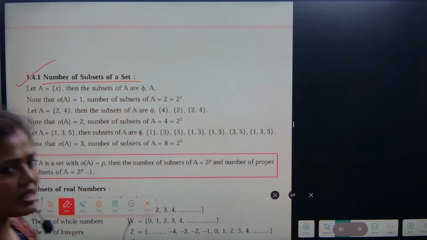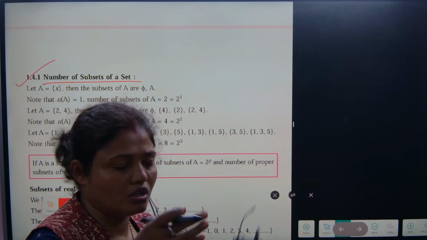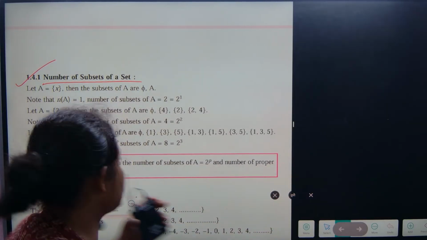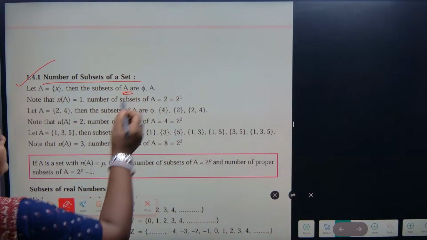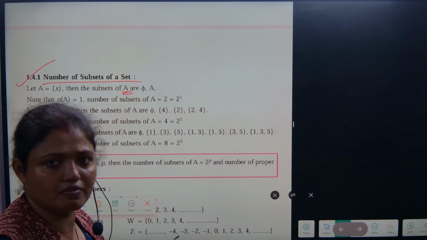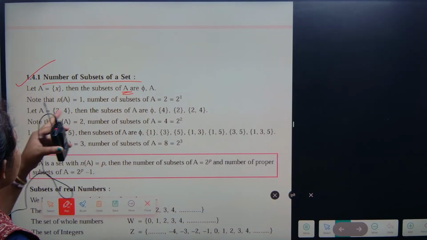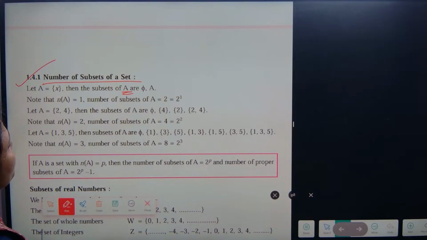That means from a set you have to make some small sets, from the bigger sets. So if a set is given, you have to find small sets from the given set. Okay, so these are called subsets.